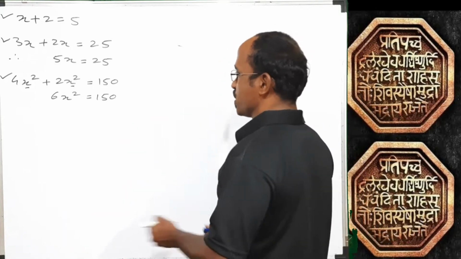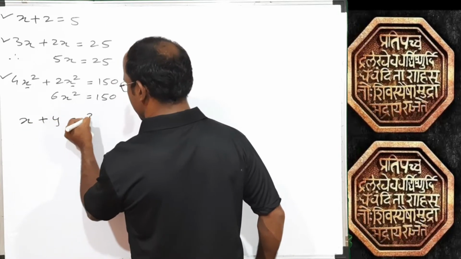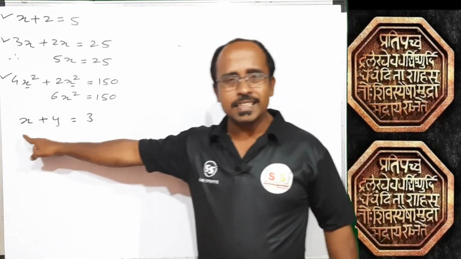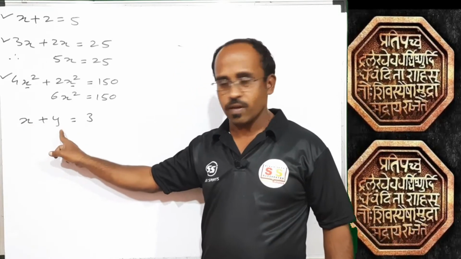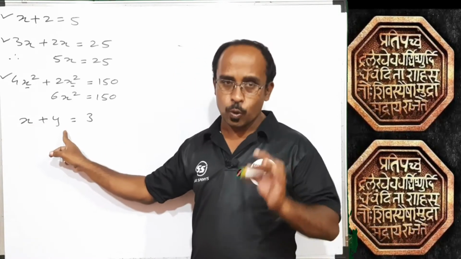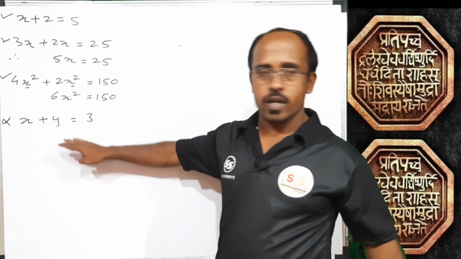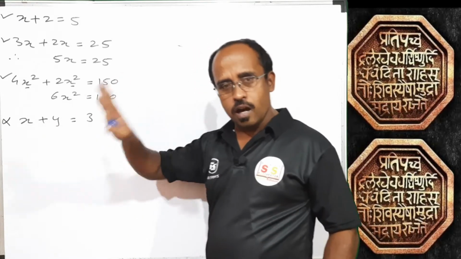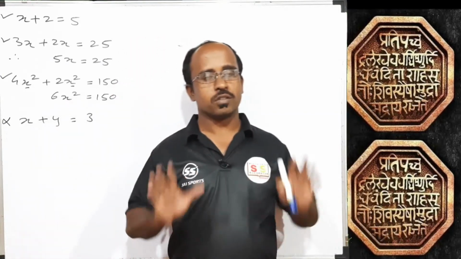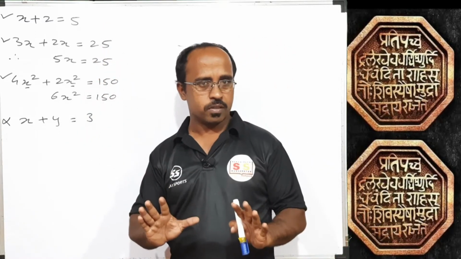Now suppose the question is x plus y is equal to 3. In this equation, how many variables are there? First is x, second is y. Are they the same variables? No. So this is not an equation in one variable. Clear? Because both are unlike. x and y are unlike terms. So I hope, students, you have understood what is meant by equations in one variable.